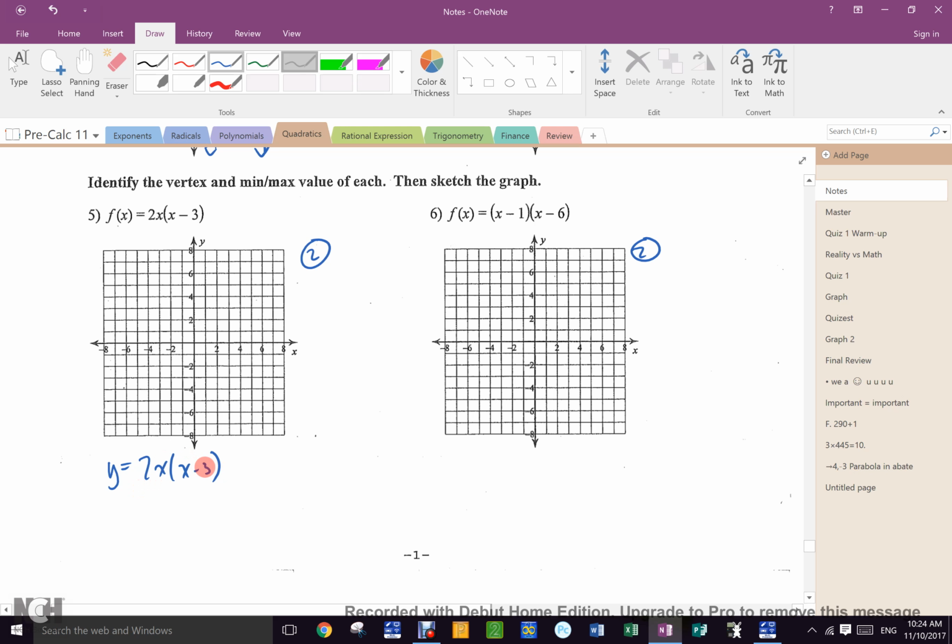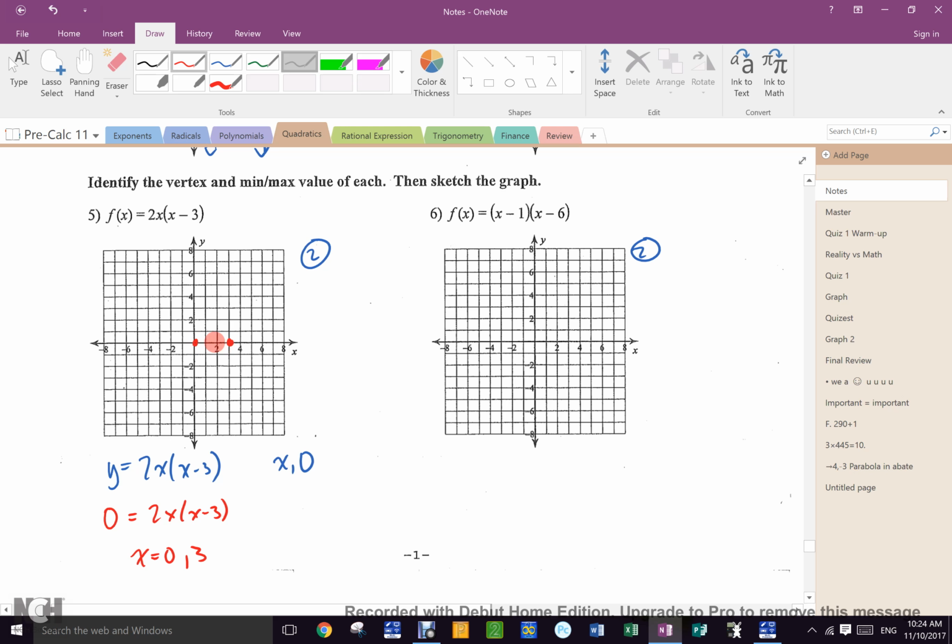Well, you have the roots right there, because the roots are at x comma 0. So if I make y 0, 2x and x minus 3, then x had to be 0 or 3. So you've got a root at 3 and a root at 0.